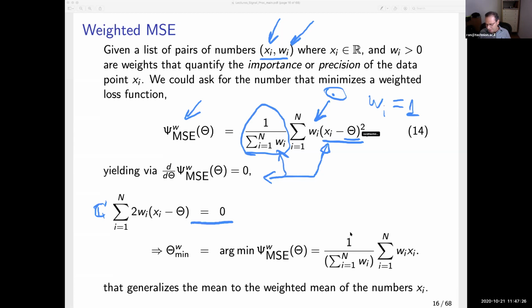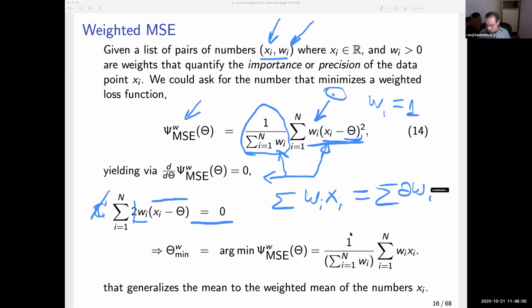And the derivative of that part is nothing but 2 times wi that multiplies xi minus theta. And when I open that, again, I can throw away the constant, I can throw away the 2, and what I have is sum over wi xi that should be equal to sum over theta times wi.